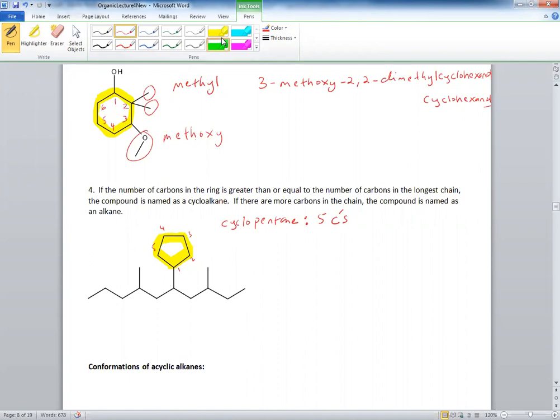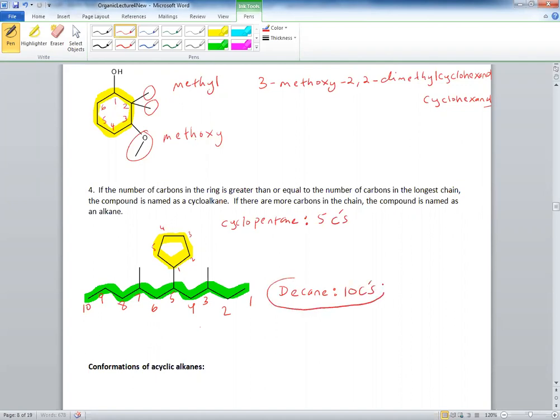But if I look at the long chain of carbons, this would give me 1, 2, 3, 4, 5, 6, 7, 8, 9, and 10. That would give me 10. So there I have a decane. That's 10 carbons, so I go with 10 carbons.